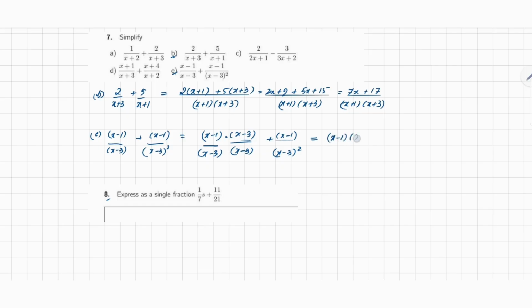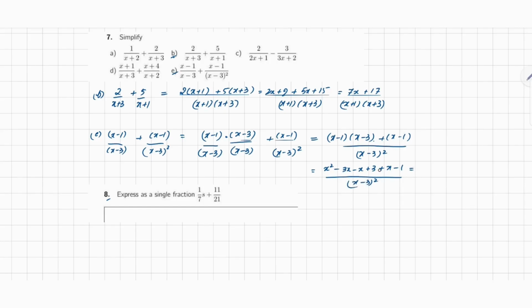So we have x minus 1 times x minus 3 plus x minus 1 over x minus 3 the whole squared. We can open the bracket. We have x squared minus 3x minus x plus 3 plus x minus 1 over x minus 3 the whole square.